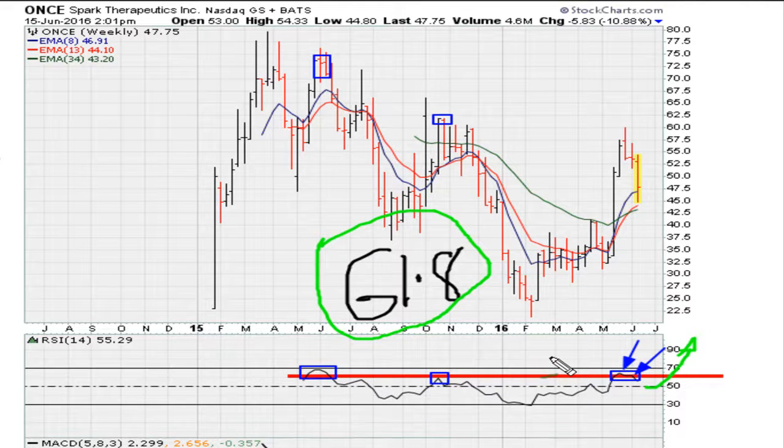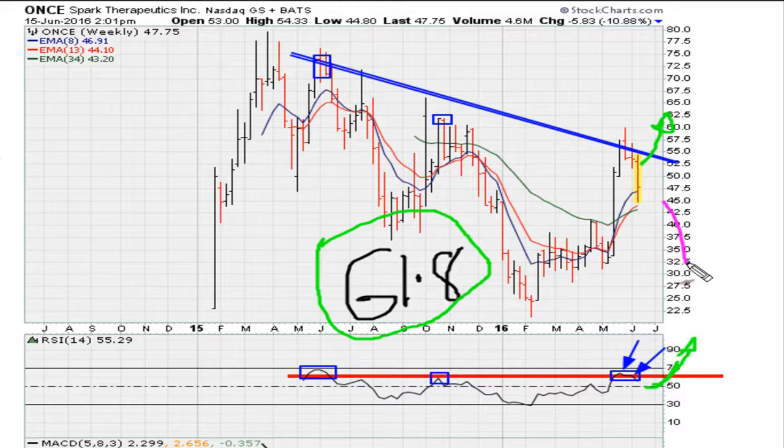Otherwise, right now I would avoid it, or expect to see lower prices until it can clear the RSI resistance and the weekly price trend line resistance that we discussed previously. So until we can see movement by both the RSI and the price above those two resistance lines, one has to assume that net this is an instrument that over time still seems to want to probe lower prices.